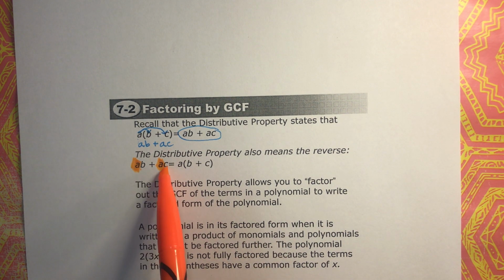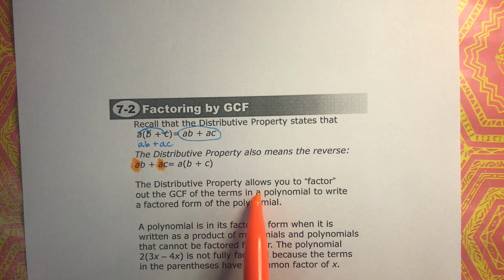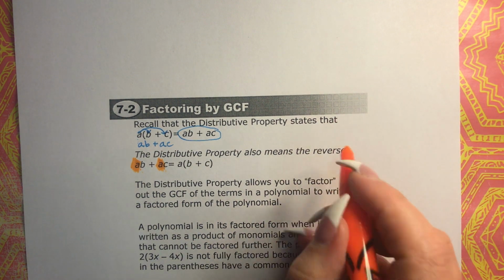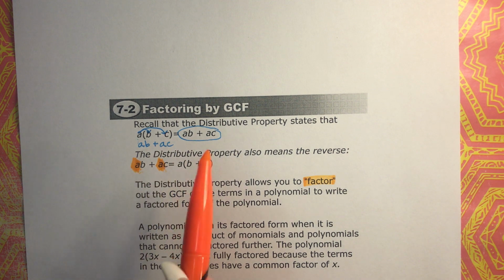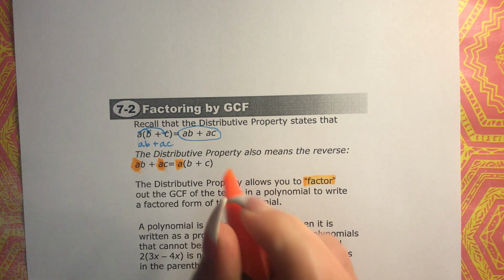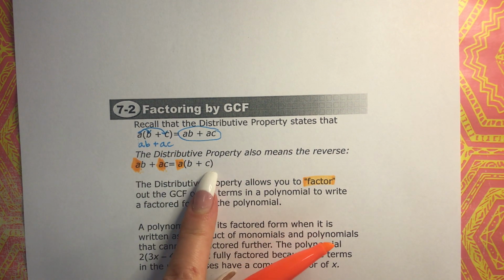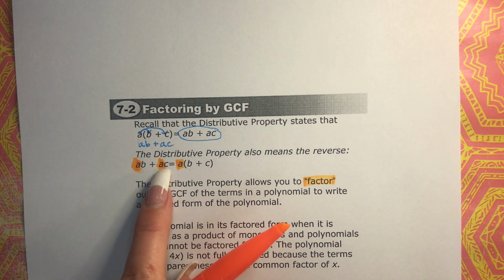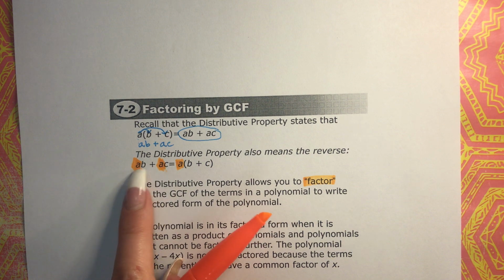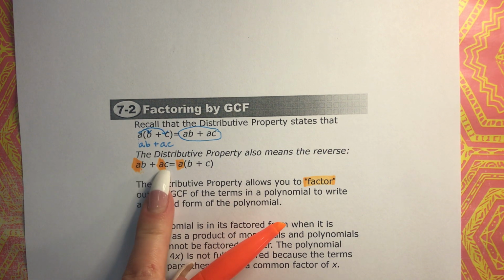So the distributive property allows you to factor. Instead of writing A twice, we factor it and say A is multiplied by this whole thing, B plus C. So we're factoring out that commonality, that GCF, from both of these monomials.